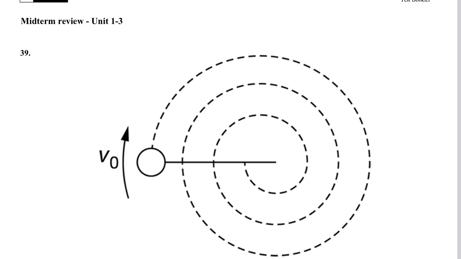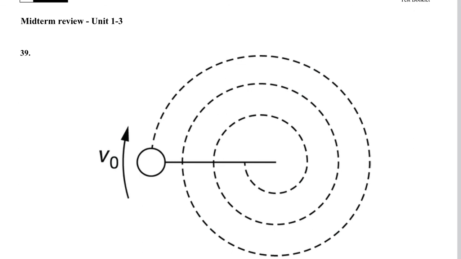So let's do the last problem, number 39. We have this ball and a string. We can see that the string is going to be getting smaller. So when it's getting smaller, the ball is going to be following this little path until the string gets very small.